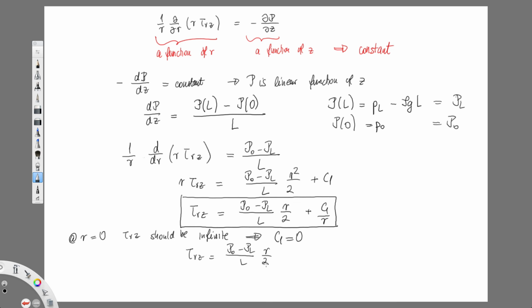And now, yes? If R is 0, then tau RZ is 0. But it shouldn't be infinite. So what is tau RZ? It's the derivative of velocity. And I expect a parabolic profile.